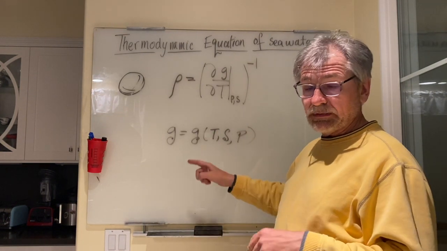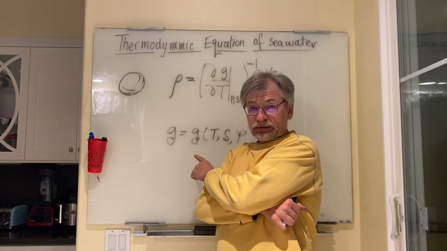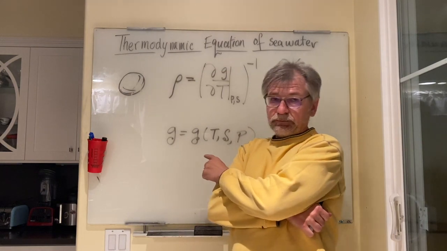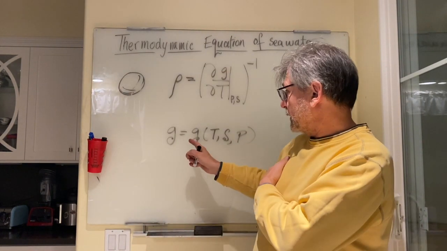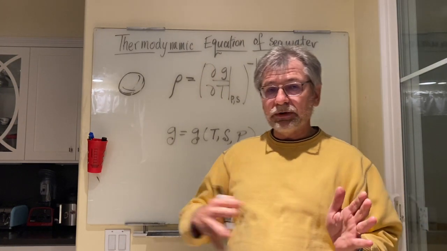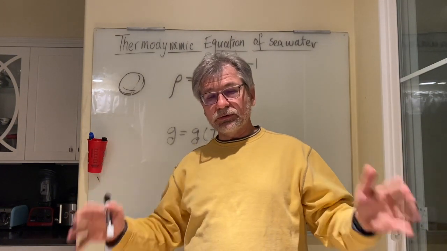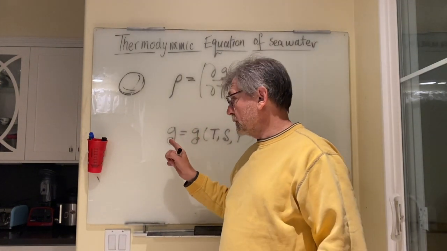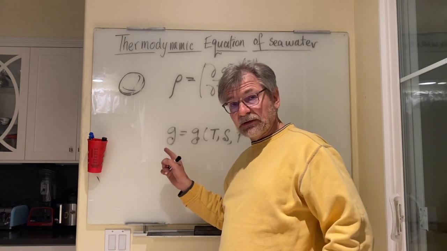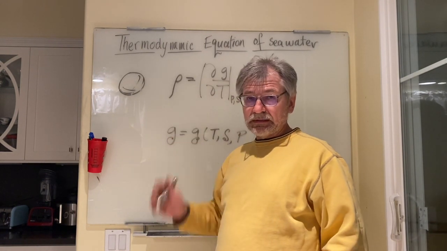So how do we get G in practice? Well, physical chemists go to the laboratory and measure various properties of seawater, and from all these empirical measurements, they fit some high order polynomial to the experimental data, such that when we take the derivatives of G, we get the various quantities that we've measured.